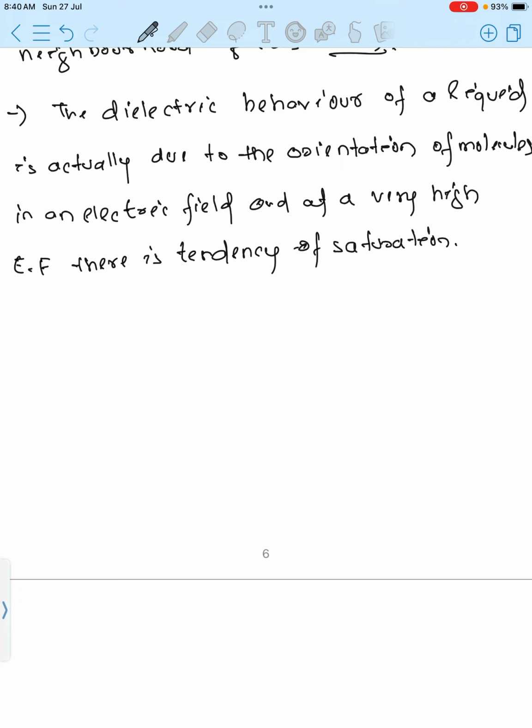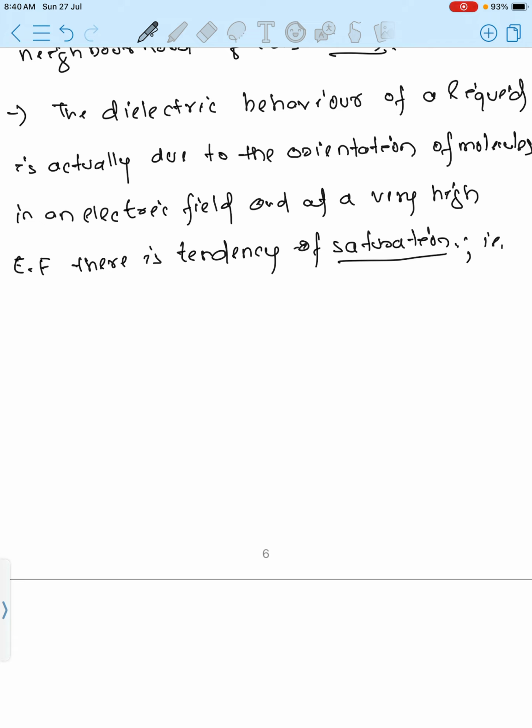Saturation means there will be no further change in the dielectric constant value, because the dielectric constant of this particular solvent will be very small and cannot decrease further, and this is the case whenever they are present at higher electric field or near to the ion.